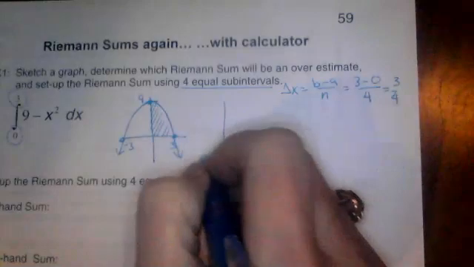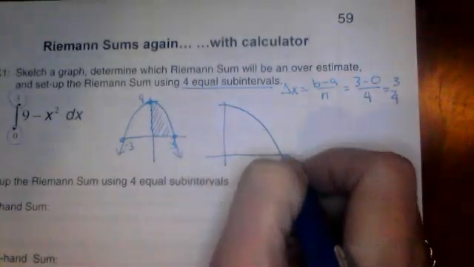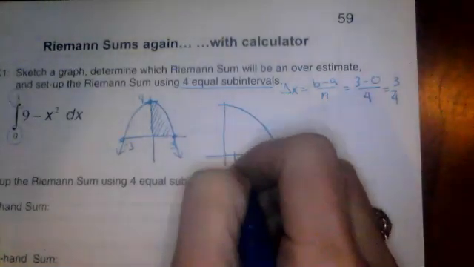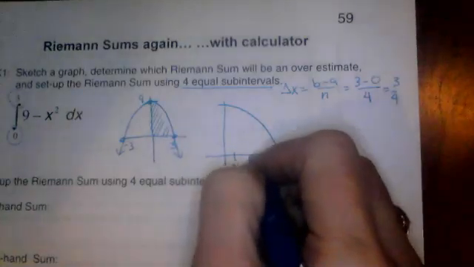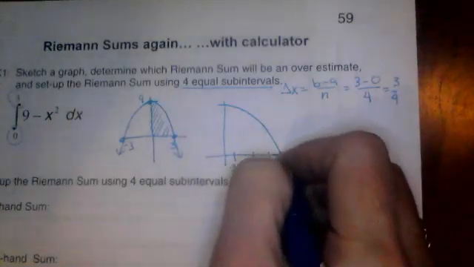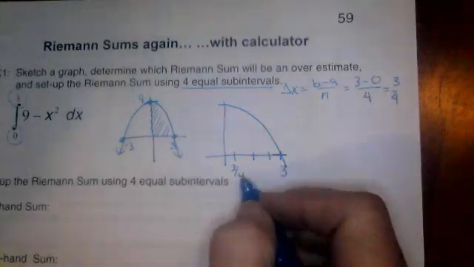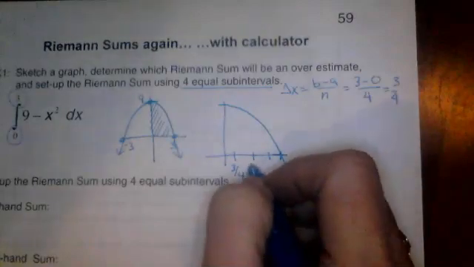So I think I'm going to kind of just exaggerate this right-hand side of this graph so that we can put those things down here. So we know that every rectangle is going to be 3/4 of a unit wide. We're going to have 4 of them. And we're supposed to end at 3. So let's see how this works out. If I add 3/4 and 3/4, I get 6/4, or 3/2.